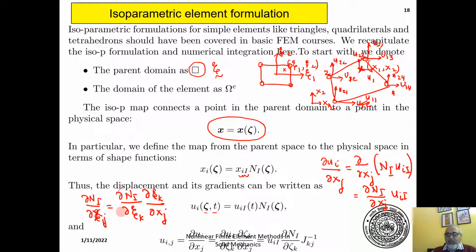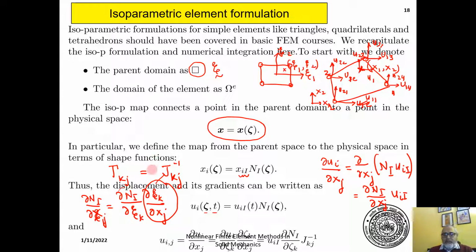So this is the chain rule, because these derivatives are known. The NI are functions of zeta, so we use the chain rule to find the derivatives of NI with respect to x. And this matrix here is denoted by the inverse of the Jacobian, and we'll also denote it sometimes by gamma. So this inverse of the Jacobian connects the derivatives of the shape functions with respect to x to the derivatives of the shape function with respect to zeta.